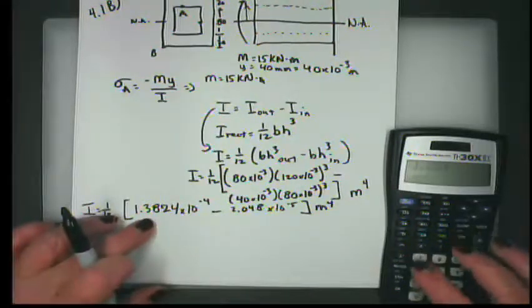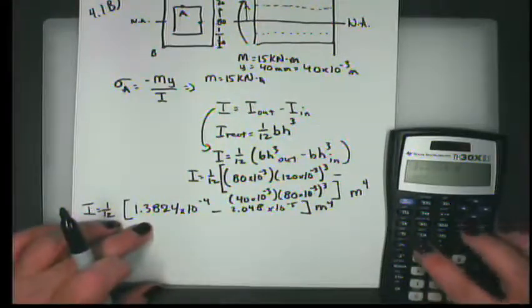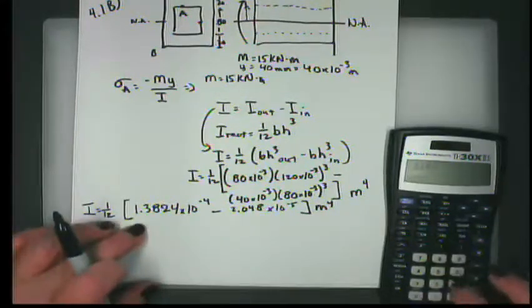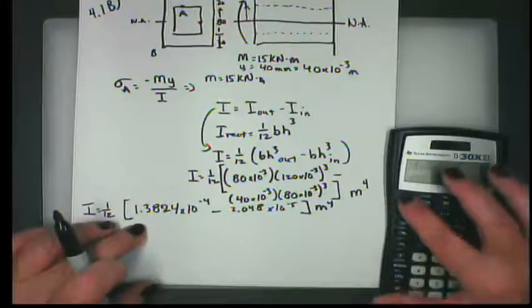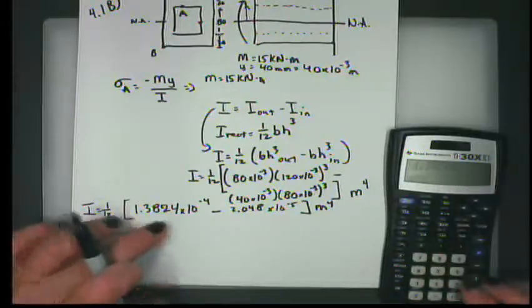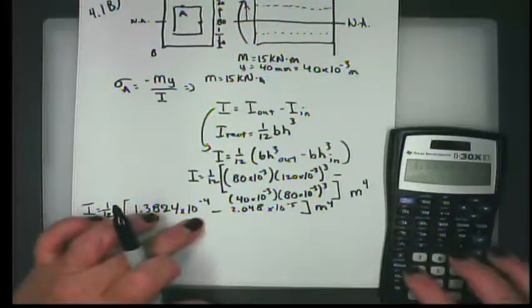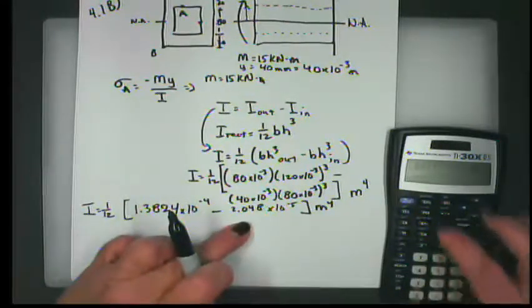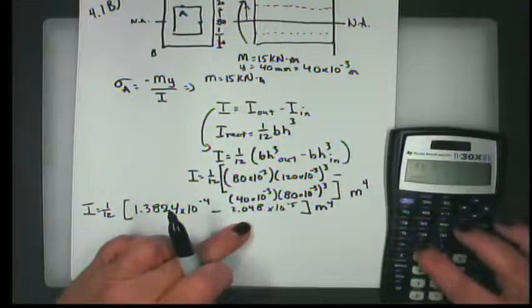1.3824, second function E to the negative 4, and subtract from that 2.048, and the power here is the minus fifth.